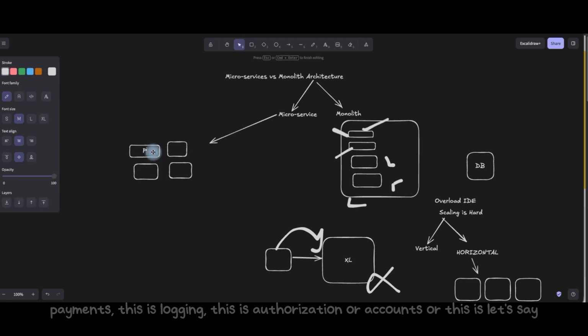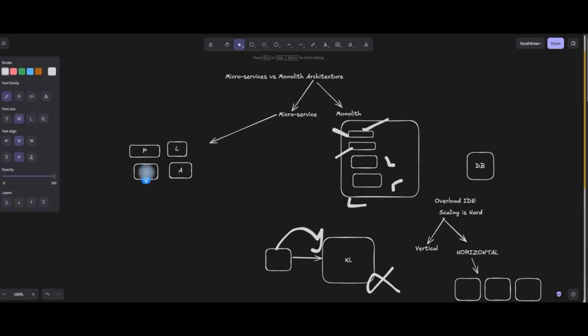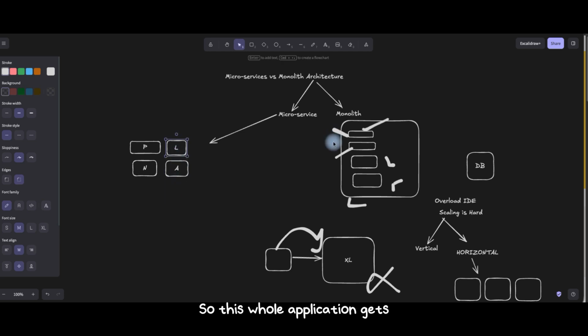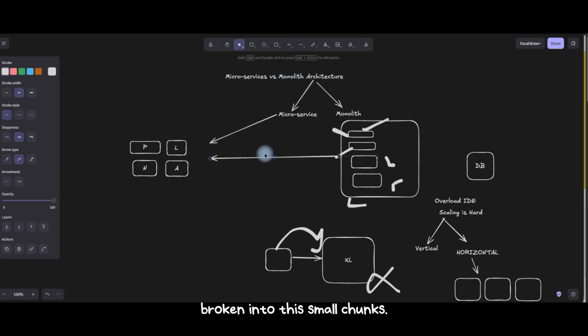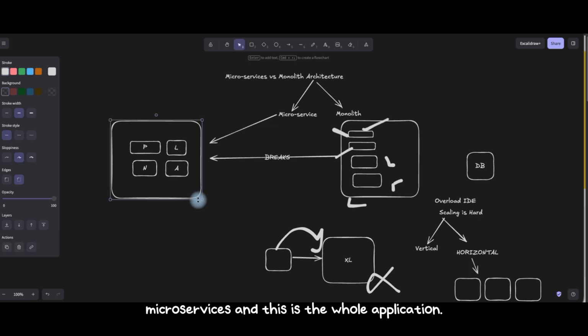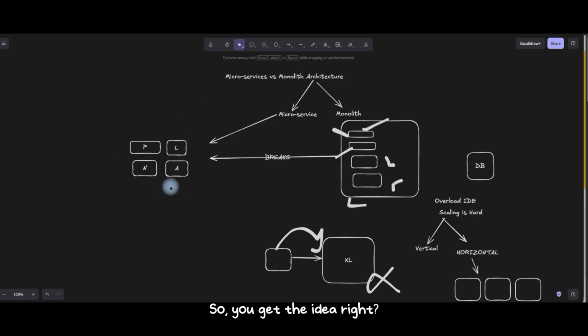Let's say this is payments, this is logging, this is authorization or accounts, and this is notification. So these four will be divided into small microservices. This whole application gets broken into small chunks, and this is what we call microservices. You get the idea, right?